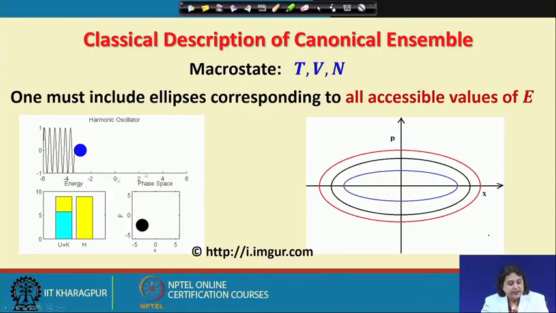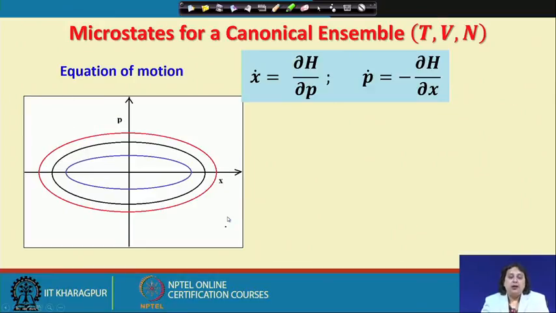In that case, the total energy is going to fluctuate around an average value, and as a result the phase space is once again going to be traced out by an ellipse, but here it is going to be a thick ellipse, not a single ellipse, but a family of ellipses representing the range of energy values that are accessible to the system in order to keep the temperature constant.